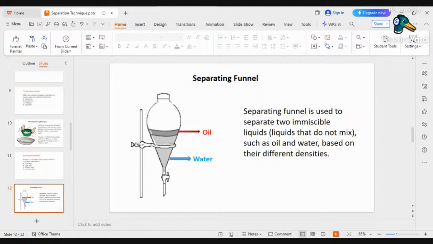The oil will float, because the oil is lighter than the water. So a separating funnel is used to separate two immiscible liquids, such as oil and water, based on their different density. Density means heaviness. Among oil and water, which one is heavy? Of course, water is heavy, oil is light.